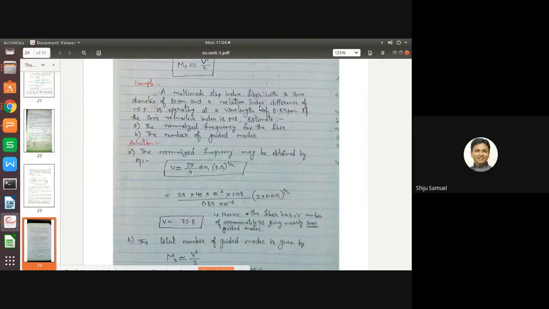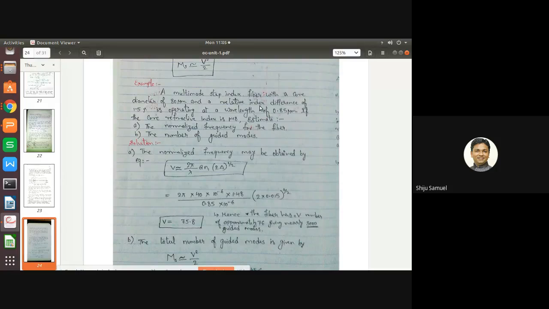A is the radius of the core. But in the question only the core diameter is given. We know core diameter 2A equal to 80 micrometer. So A equal to 80 divided by 2, that is 40 micrometer.